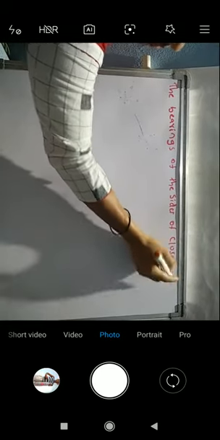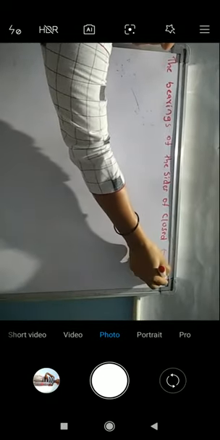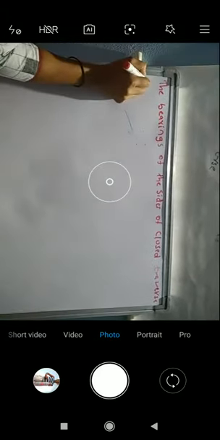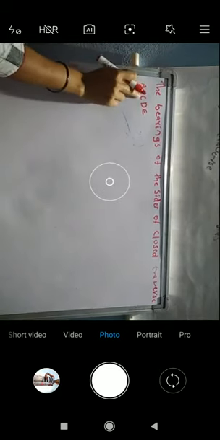The bearings of the sides of a closed traverse A, B, C, D, E. So they have given the 5 sides as follows.